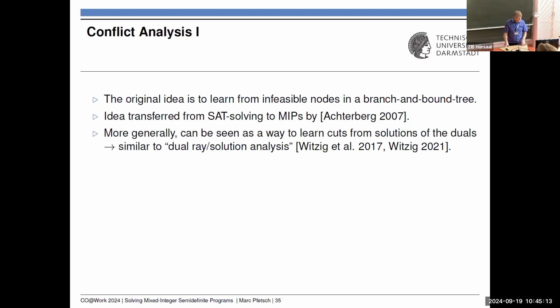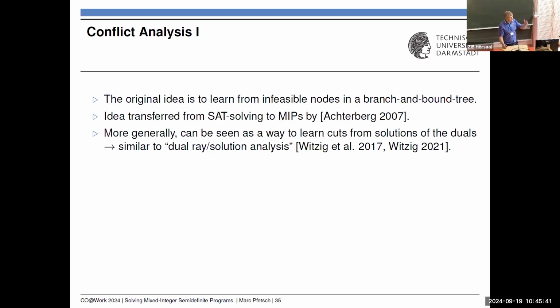The original idea comes from SAT solving and was transferred to mixed integer programs by Tobias Achterberg. And in the meantime, there have been several rounds of generalizations, for instance, by Timo and Jakob Witzig, where it's about learning inequalities, cuts, from these infeasibility arguments.